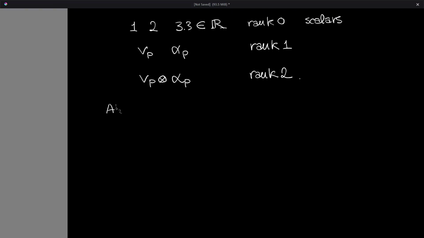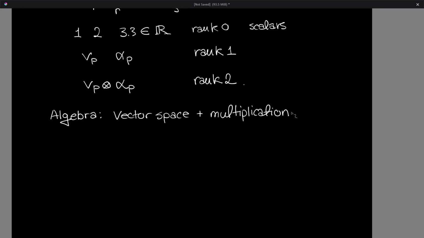So in order to do that, we need to know what an algebra is. An algebra is a vector space plus a multiplication, a bilinear operation, and that is called a multiplication. And this multiplication, amongst a lot of things, particularly needs to be closed.